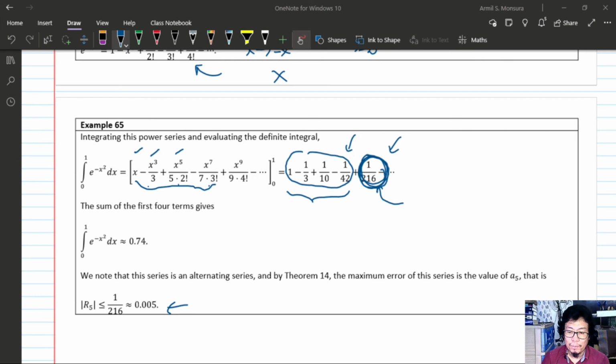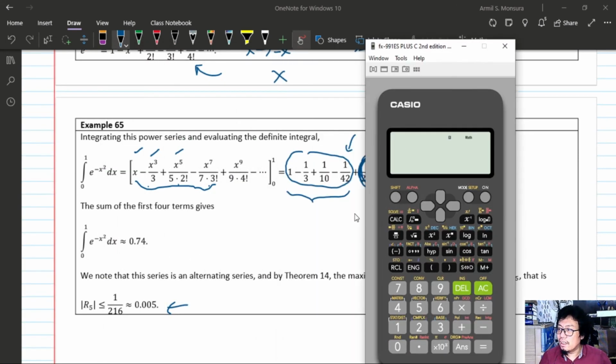Because that was the problem before. Your calculators could not evaluate problems such as this one. That is why there are statistical tables. So let me attempt to do that. That's e raised to negative x squared from 0 to 1.